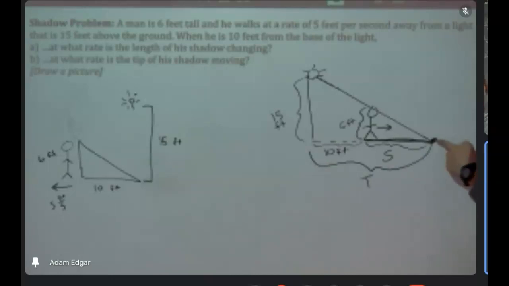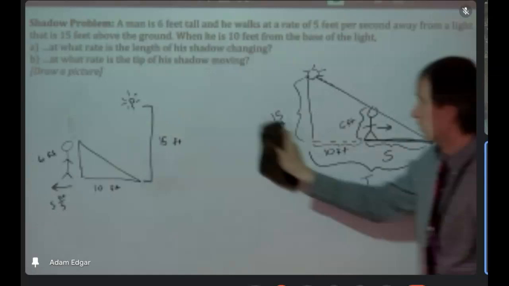So if we can figure out how this big distance changes, then by extension we're also figuring out how fast the tip of the shadow is moving. That's the part that's kind of difficult to get your head around. There's also the overlapping stuff, which is not easy.